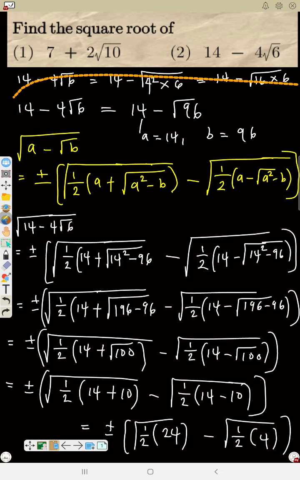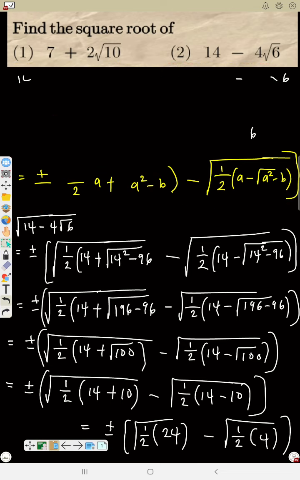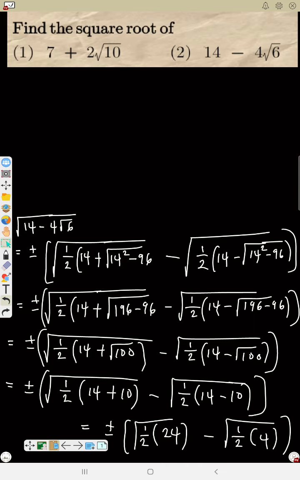So this will become plus or minus square root of 12 minus square root of 2.